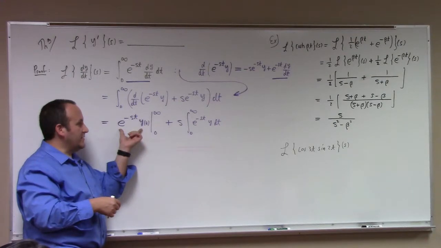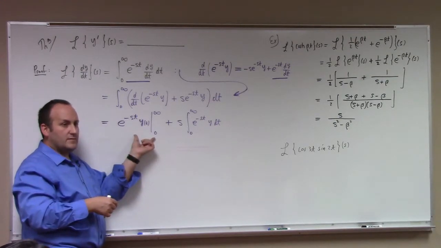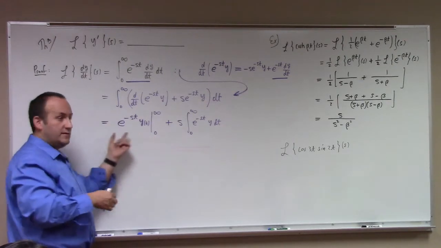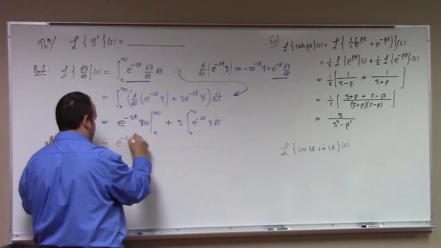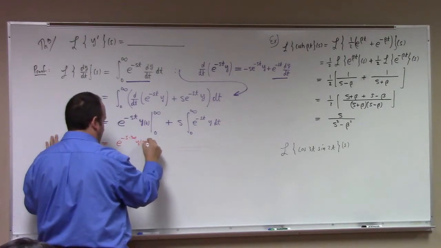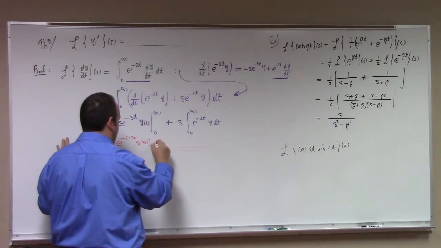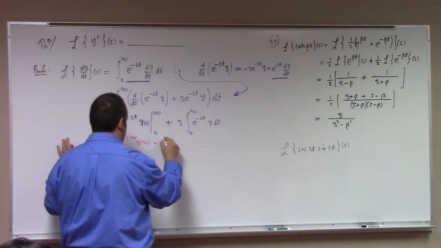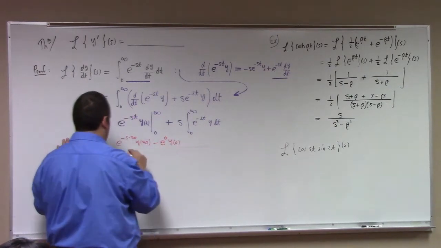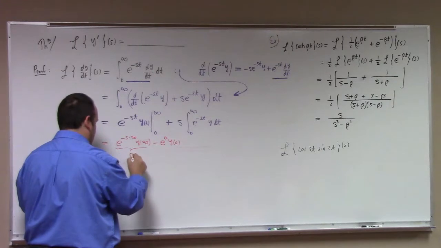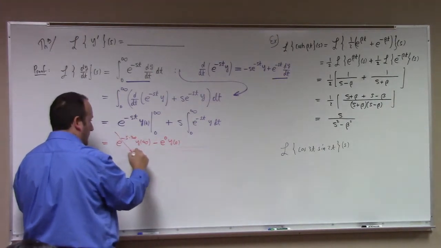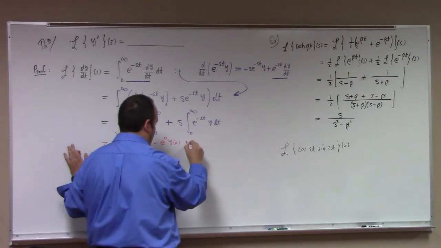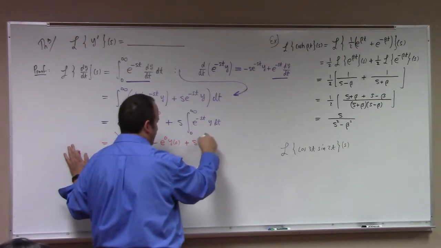When we plug in 0, though, what happens? Ooh, something interesting, right? So we've got e to the minus s times infinity, y of infinity. Even worse notation, guys. Don't tell the professors. E to the 0, y of 0. The point is, we can argue that this tends to 0, okay? This first piece tends to 0. That, on the other hand, what do we got here? S. What is this?